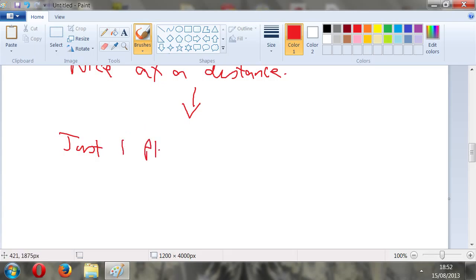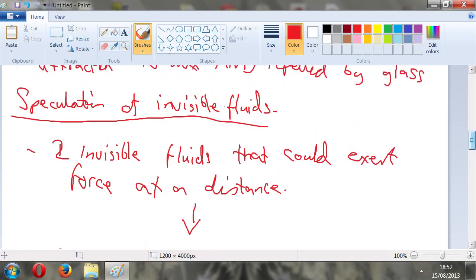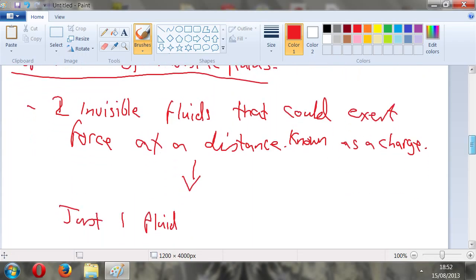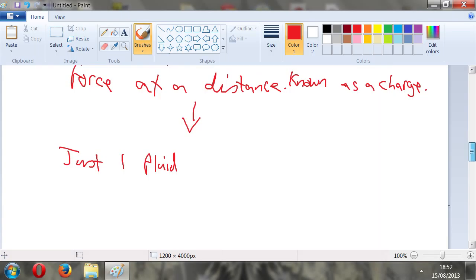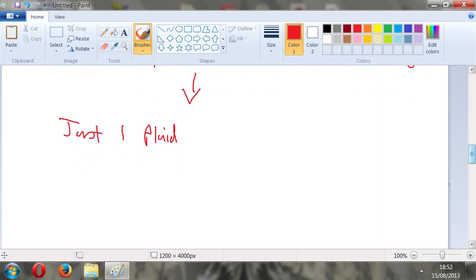And furthermore, I should point out that this was known as a charge. So each of these fluids was providing some kind of charge. The idea was that these were both, in a sense, positive. But later on, it became clear that there was just one fluid.